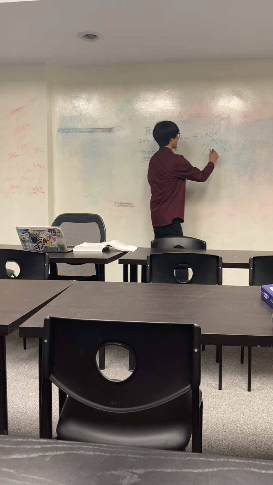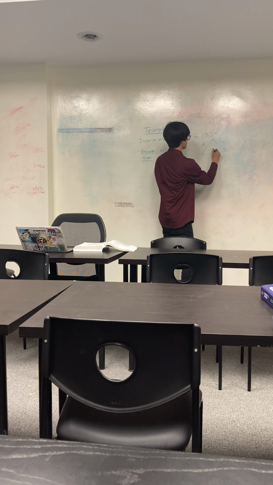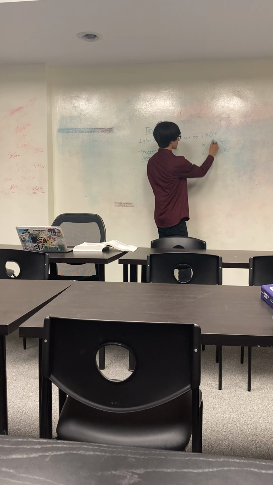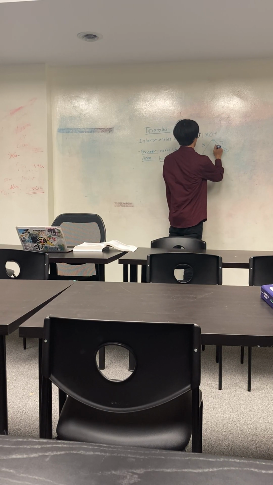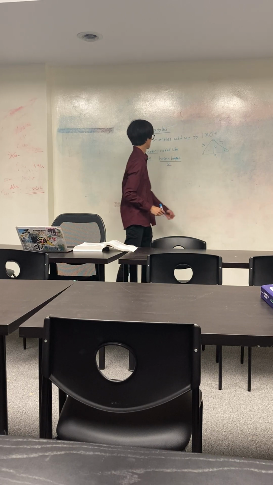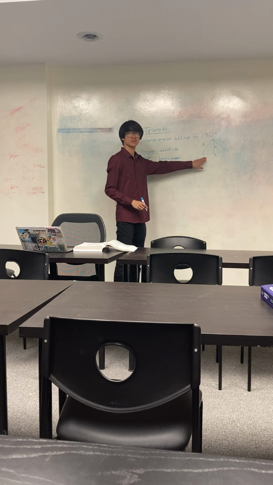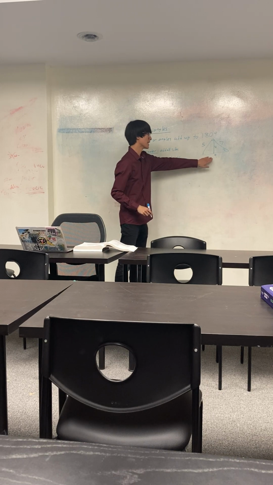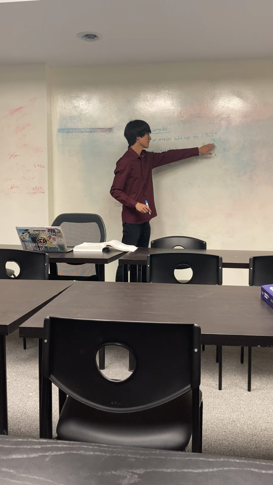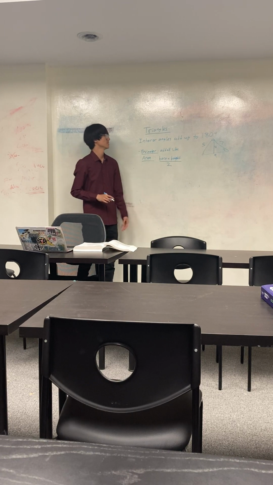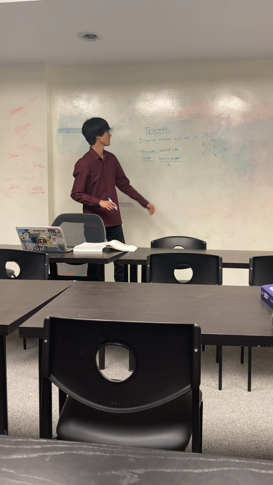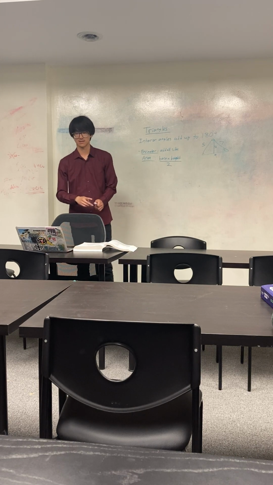So let's say this triangle had a height of 4. So if I wanted to find the area of this triangle, all I would do is take the base, which is 9, times 4, the height, which is 36, divided by 2, and I would get 18. So the area of this triangle would be 18.